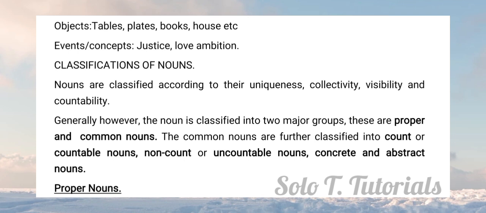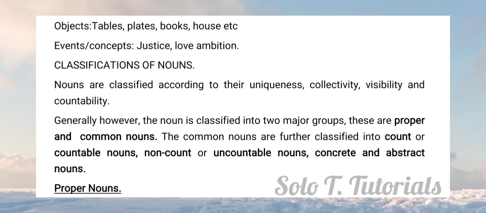Collectivity represents nouns used to represent a group. Visibility stands for whether the names represent things that are seen, felt, or just imagined. And countability means whether they can be counted or not.